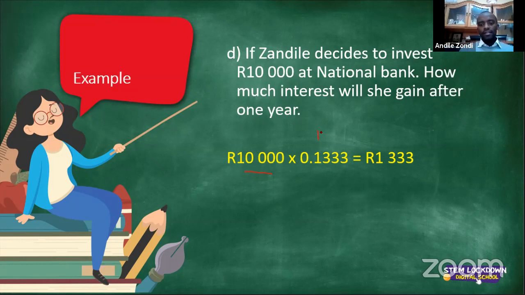Remember, if you said 13.33 divided by 100, percentage divided by 100, this will be your answer. So after 1 year, her interest is 1,399 for the National Bank, right? So it is exactly the same as the interest that she earned at Africa Bank. Okay, now let's carry on.